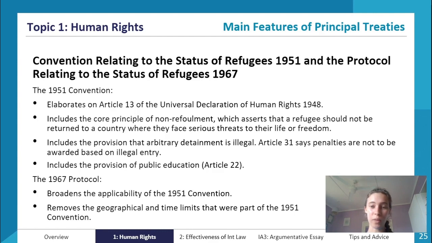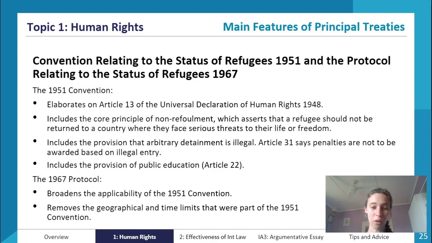So this is where different countries, including Australia, will have some controversy around how refugees are treated. So in Australia, a lot of our refugees are on Christmas Island and things like that. And so there are some questions sometimes around whether they are being given these rights that they are entitled to.